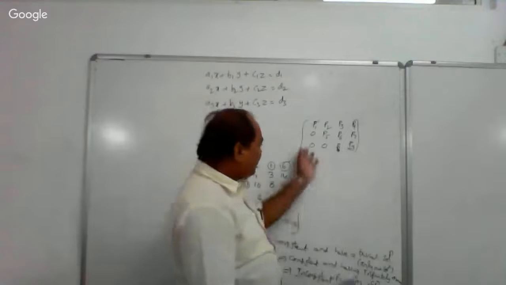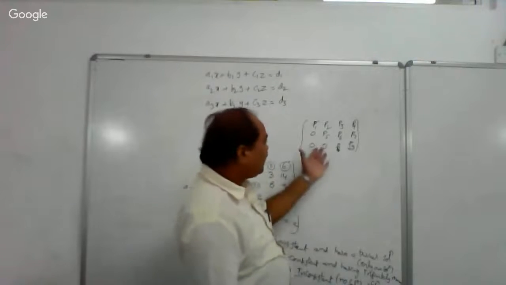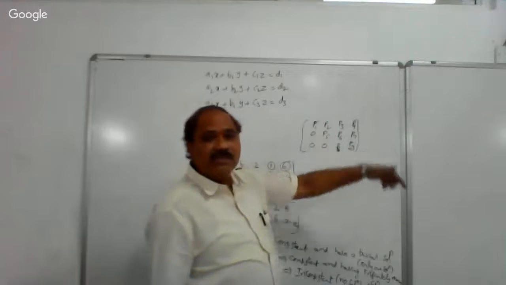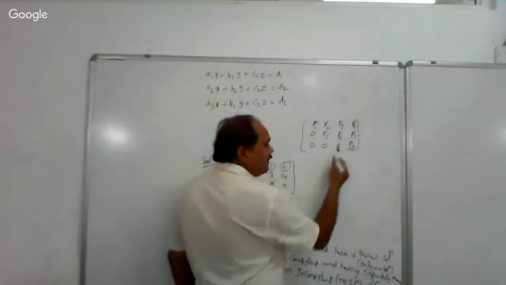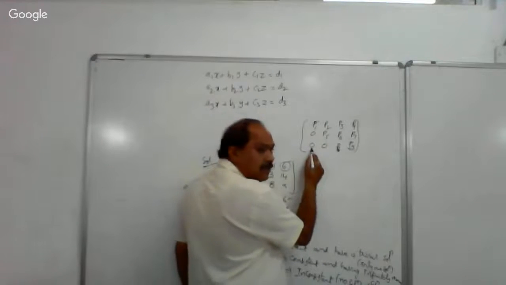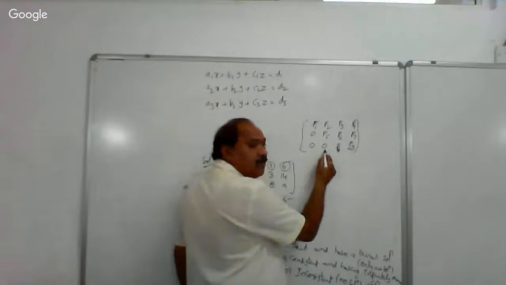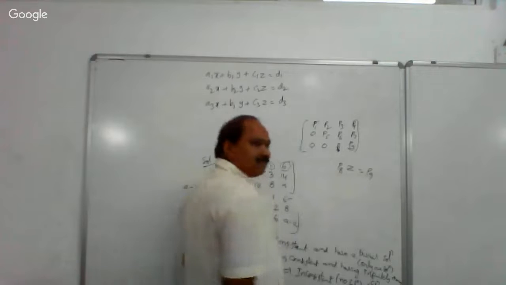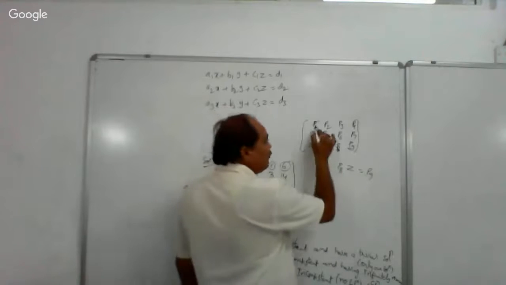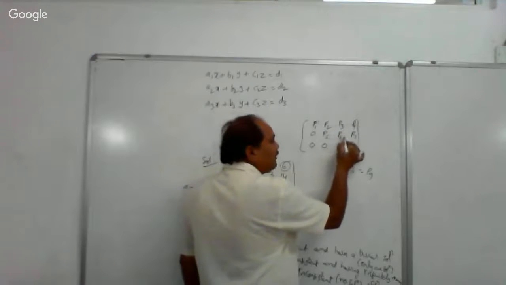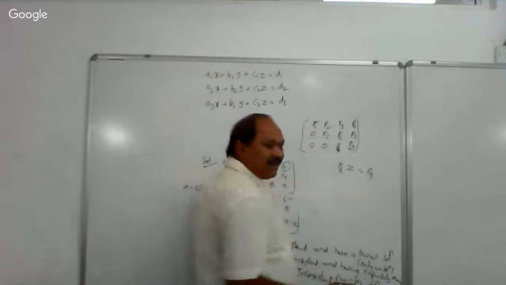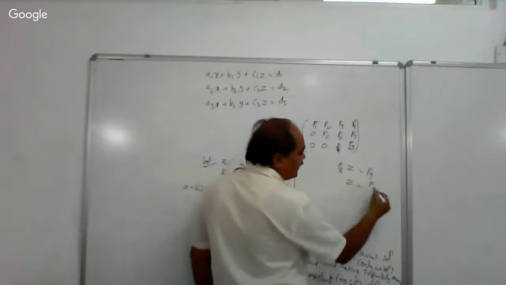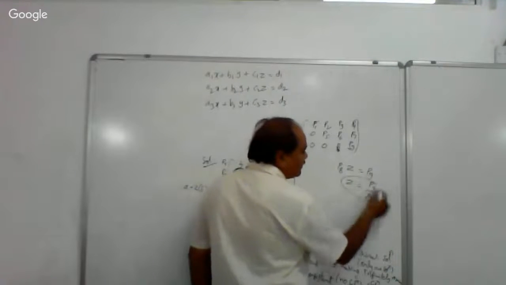By reconverting the system matrix into a system of equations, we have 0 into x, 0 into y, p8 into z equal to p9. Here p1, p2, p3, p4, p5, p6, p7, p8, p9 are real numbers. Now what about the z value? p9 by p8. It is one fixed value.